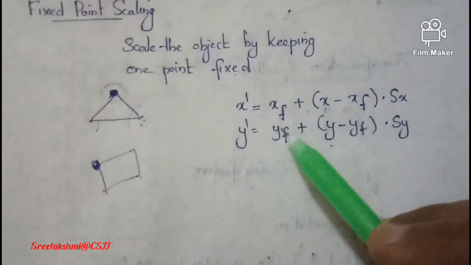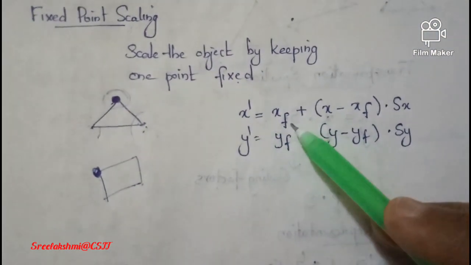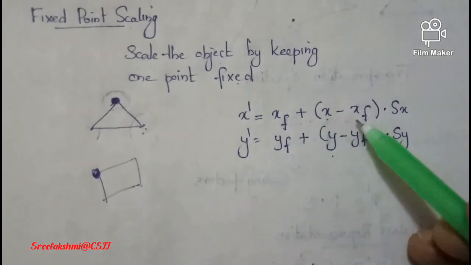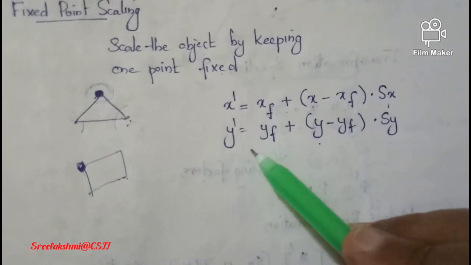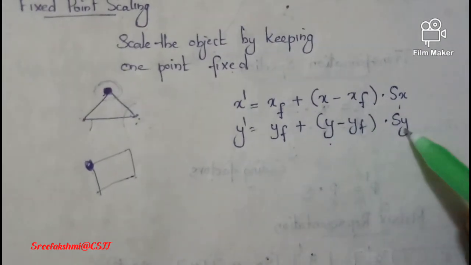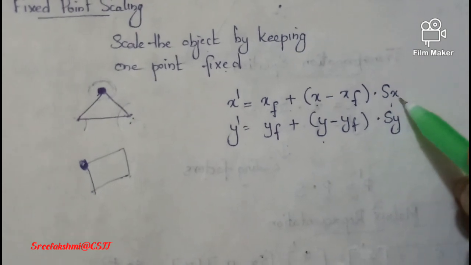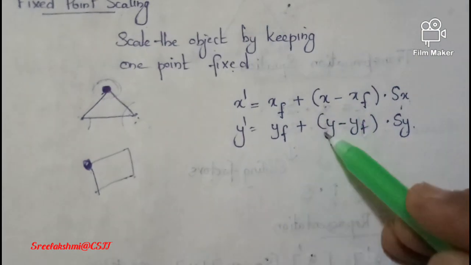Now the equation for fixed point scaling is x dash is equal to xf plus (x minus xf) into sx, and y dash is equal to yf plus (y minus yf) into sy. We know what is sx and sy. These are scaling parameters. What is this x and y?